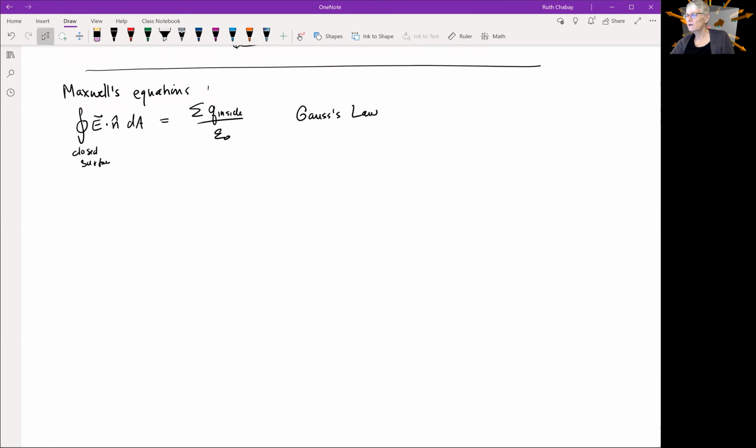And the second one is another thing we've already seen, the integral of B dot n hat dA, so the magnetic flux, is equal to 0. So Gauss's law for magnetism: no magnetic monopoles, as far as we know.